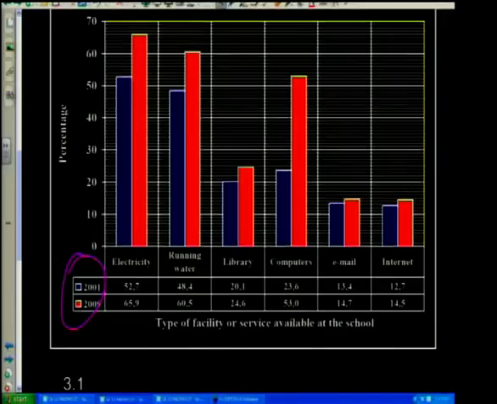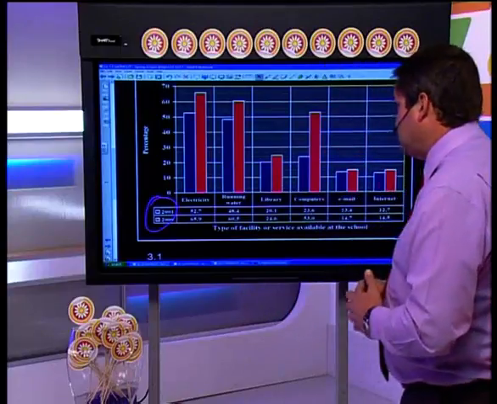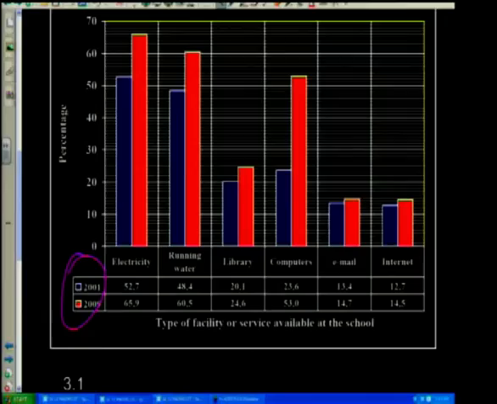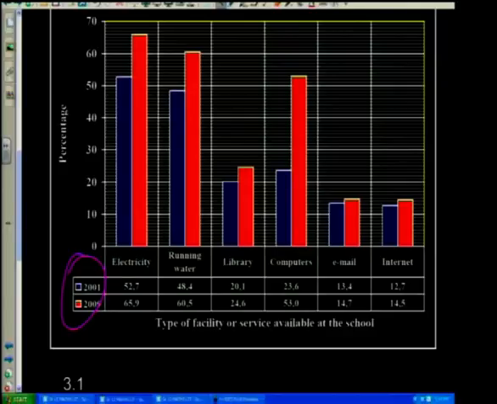So we said we've come across this question, and one of the things we're going to do is look at that graph and say, well, what does it all involve? First of all, my blue bars represent 2001. My red bars represent 2009. Looking at that, we can see that in 2009, when compared to 2001, there was an increase in the use of electricity. Running water increased in some of the schools. Libraries also increased in the schools in 2009 when compared to 2001. Computers, that's encouraging. What an increase.